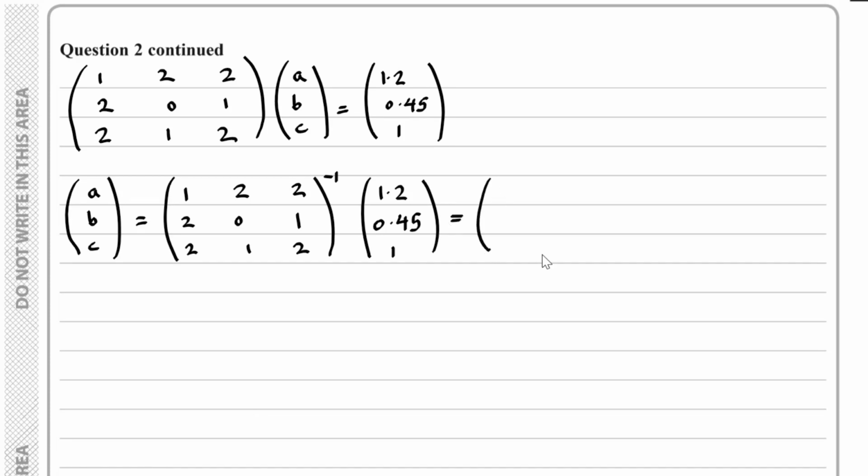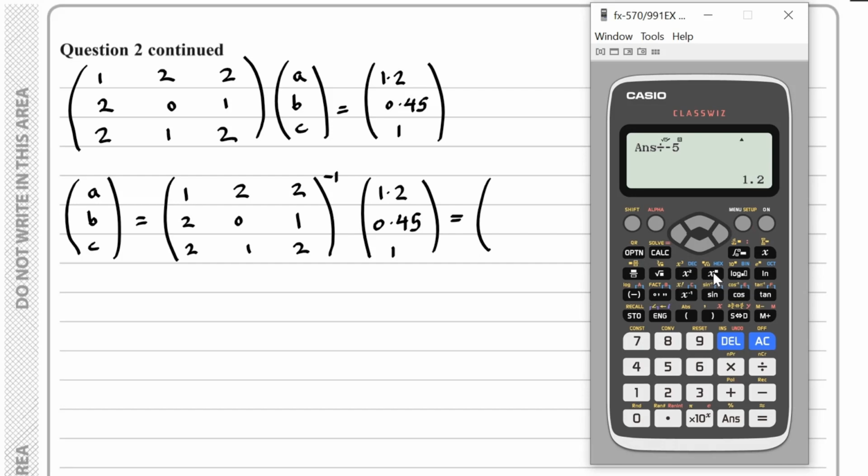what we end up with over here then is, if we go to our calculator, we can solve this simultaneous equation using our calculator as well. So we have 1, 2, 2 and 1.2, and then we have 2, 0, 1, 0.45, and then we have 2, 1, 2, 1.